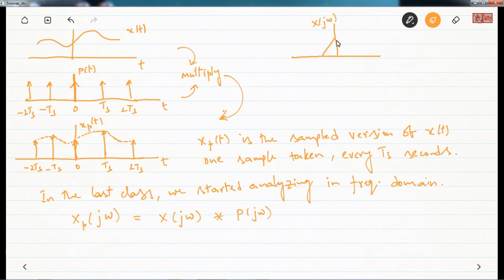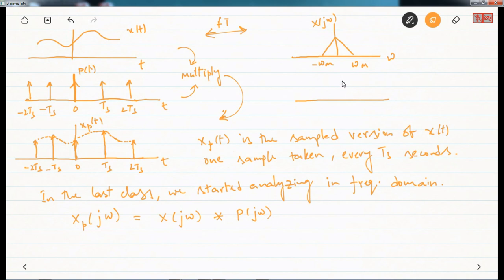This is a band-limited signal, limited to between minus ωm and ωm, on the ω scale. So this is its Fourier transform.